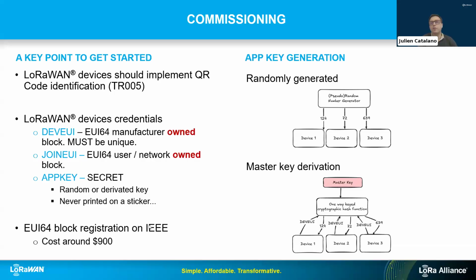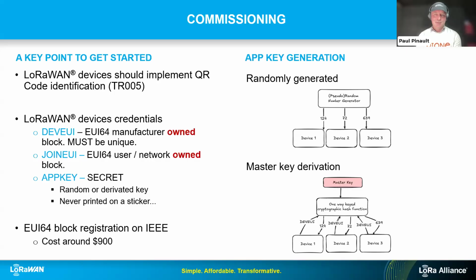Yeah, that's right. So the IEEE is providing 3 tiers, and the lowest one, the MA-S, is already good enough for making a lot of devices. So you can check that on the IEEE website. It's quite open. Yeah, and I think you can purchase it with a credit card or something like this.